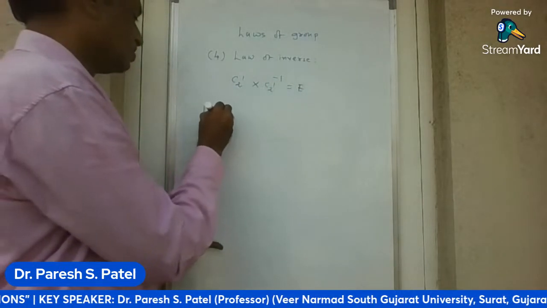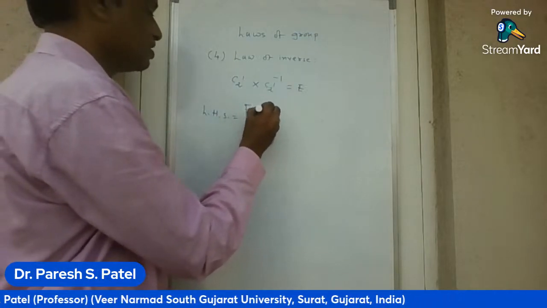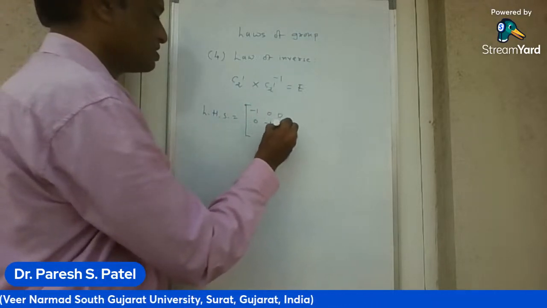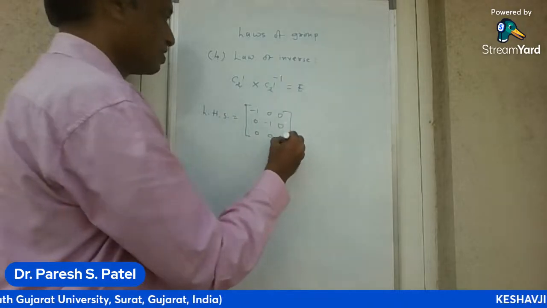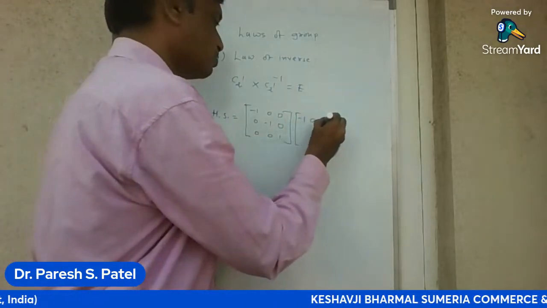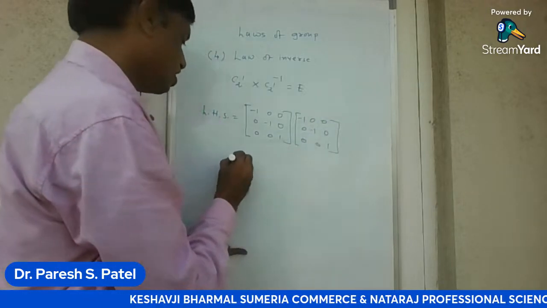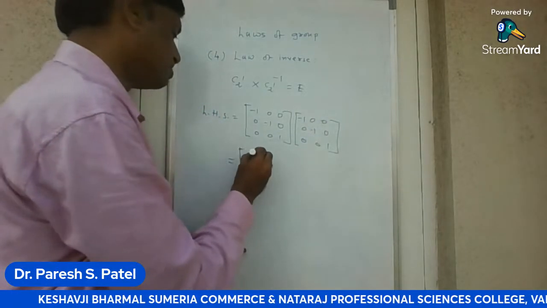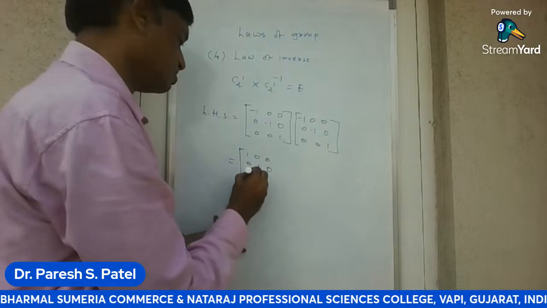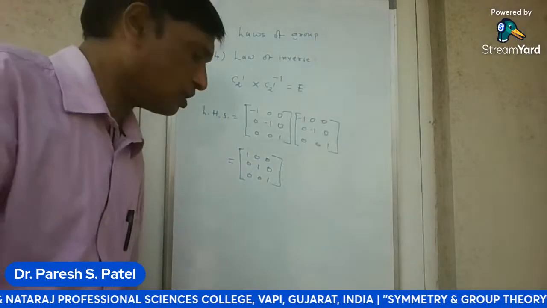The left hand side is equal to the matrix representation for C2, minus 1 0 0, 0 minus 1 0, 0 0 1, and C2 inverse, both are the same, minus 1 0 0, 0 minus 1 0, 0 0 1. So the combination of these two matrices gives 1 0 0, 0 1 0, 0 0 1, which is equal to the right hand side. So these are the four laws of the group.